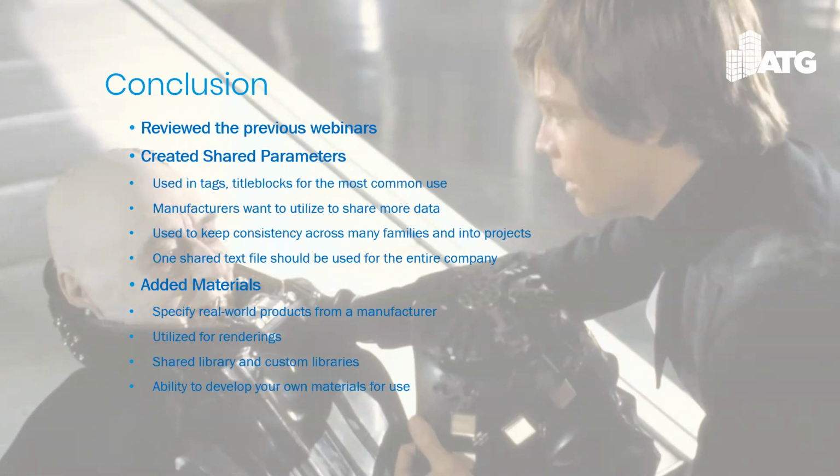Again, being able to specify real world products from the manufacturer. If you are creating any type of manufacturing content, if a manufacturer does not have Revit content, go in and look at specs. Sometimes they have color patterns that you can grab from and be able to use on your Revit families. Materials obviously are going to be defined for renderings.